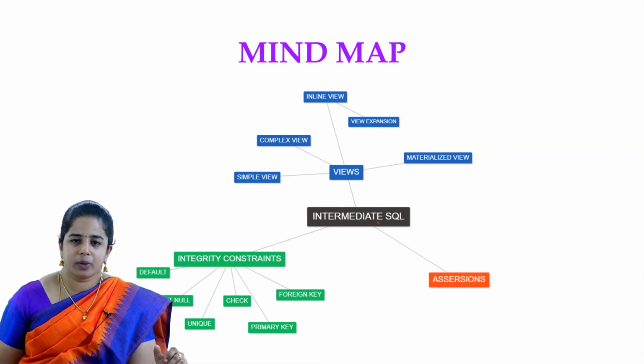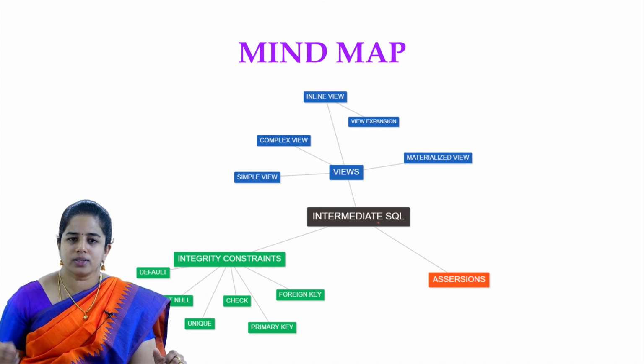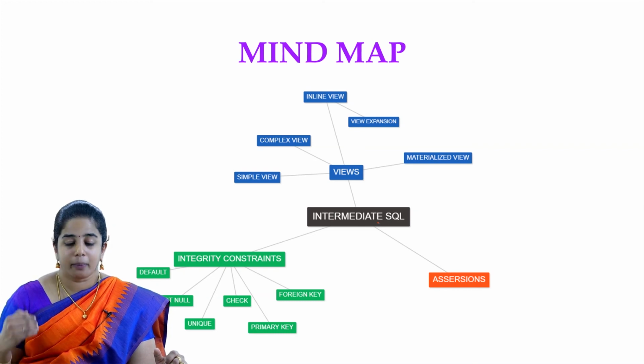In views we have seen what a simple view is: a view generated from a single table without applying any function. A complex view is again a select statement from a single table, but applying some aggregate function or group by clause. An inline view is a view generated from a subquery. It is also possible to expand a view from one query or from one view.